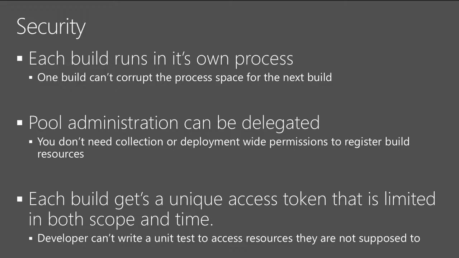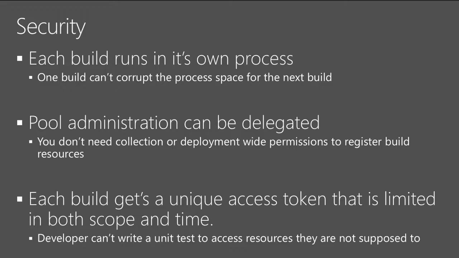Above and beyond the scope of the user that the build runs as, we also switched the architecture, so instead of using app domains for each agent, every build runs in its own process. What happens is the build starts and we spin up what we call the worker, which actually does the running of the build. And then when that build is done on that agent, that worker dies.